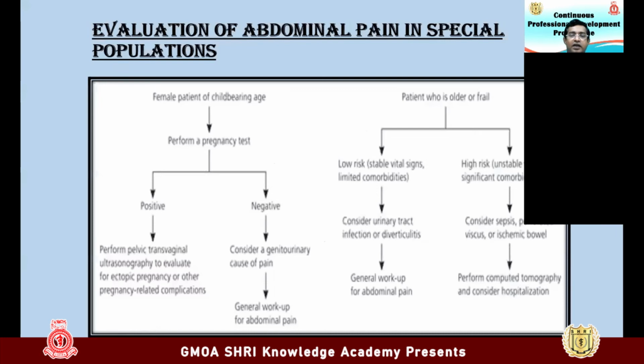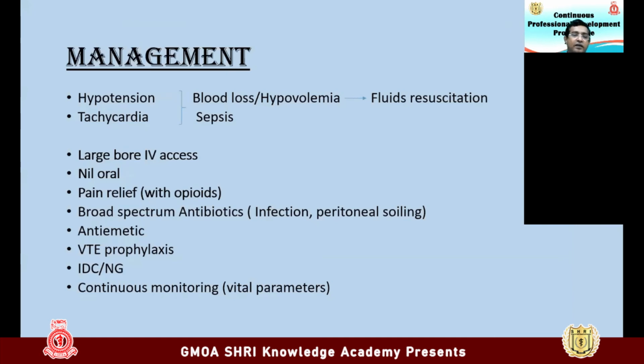For females and patients who are old and frail, you can utilize this kind of flow chart to have some understanding. Finally, I am not going to give you specific management of particular pathological processes like appendicitis, pancreatitis, cholecystitis, mesenteric ischemia, etc. When you come to a diagnosis, you can plan a particular management according to the underlying disease process.